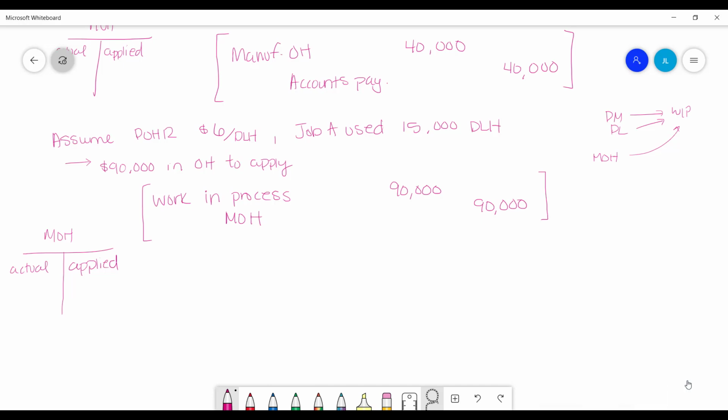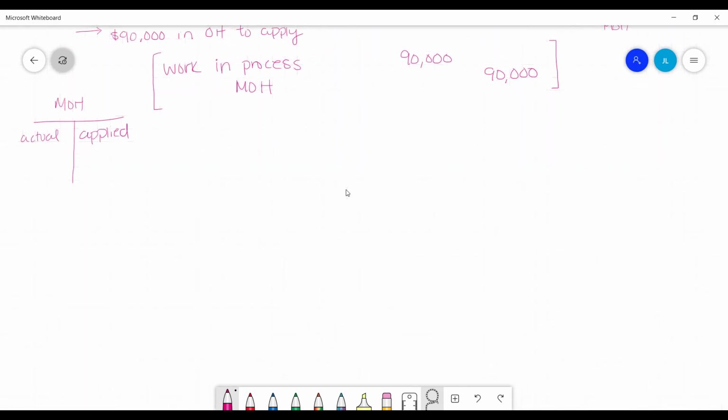So what about non-manufacturing costs though? Everything we've talked about so far is all manufacturing costs: direct material, direct labor, and overhead, whether we were talking about actual overhead and the amounts that we know or applied overhead. Non-manufacturing costs, are they applied to a job or assigned or anything like that? They aren't, right? Because it's non-manufacturing costs.